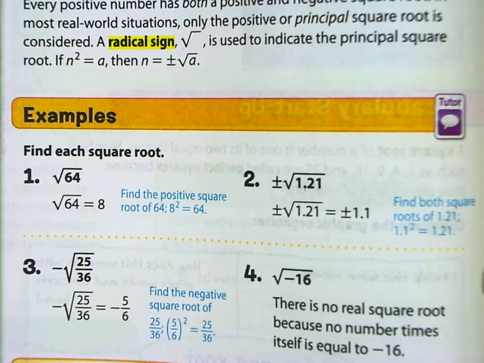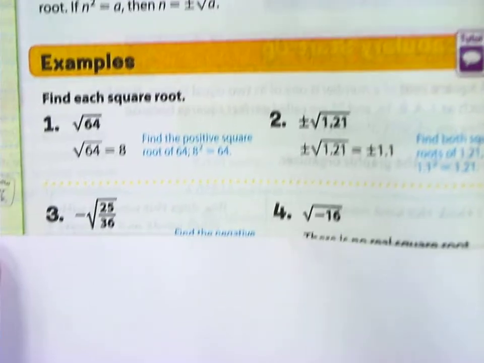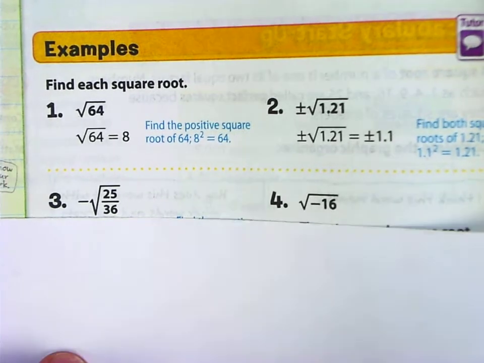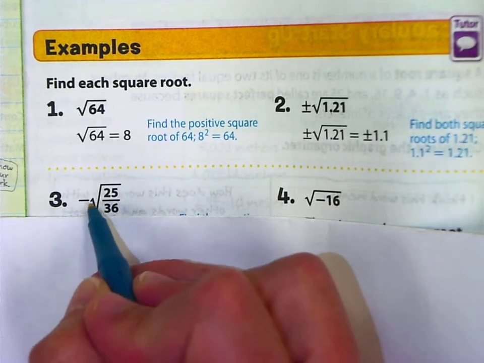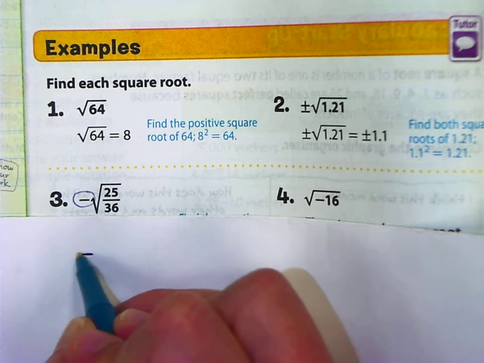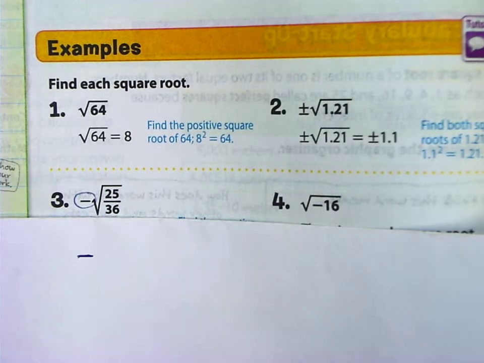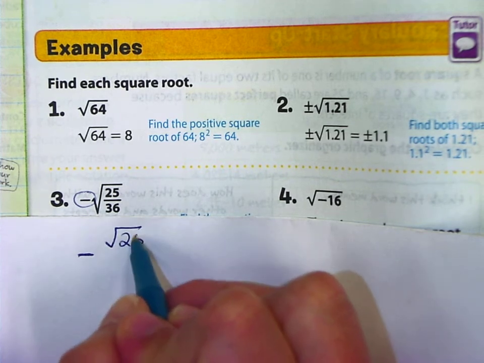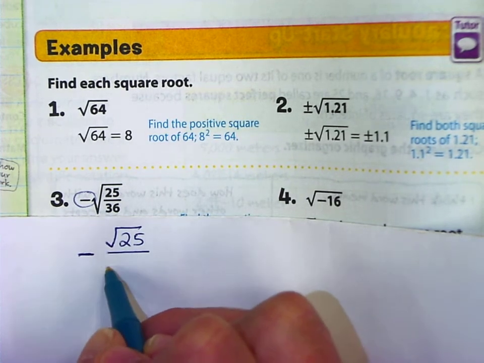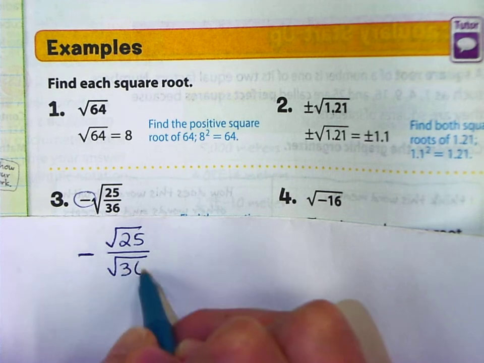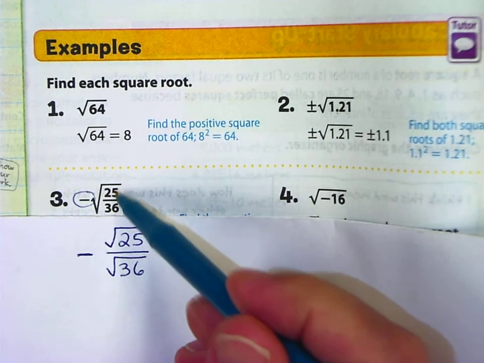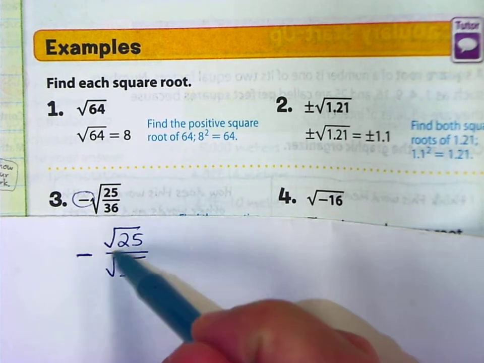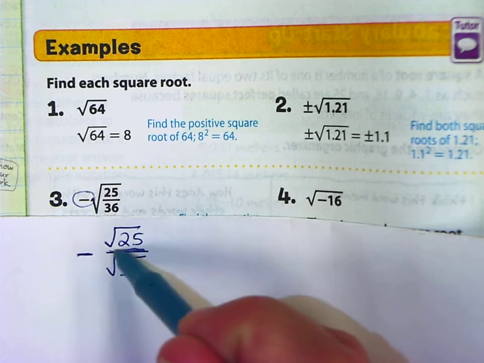Okay, let's take a look at one with fractions. Example number 3. So you're going to see this negative in front. We're going to bring that negative down in our answer, and we're going to actually find the square root of both of these numbers one at a time. So you can treat these as individual numbers, but you're going to keep them within this fraction.